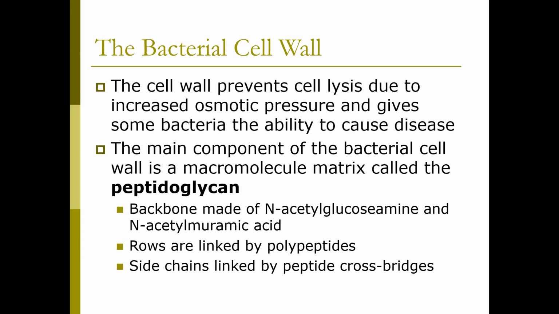It is linked by side chains and it has rows of polypeptides. It's a very complex molecule. And don't worry, you really don't need to know the details of that. You just need to know that the major component of the bacterial cell wall is peptidoglycan.